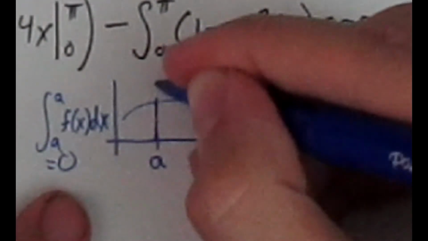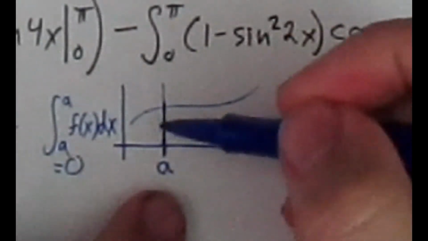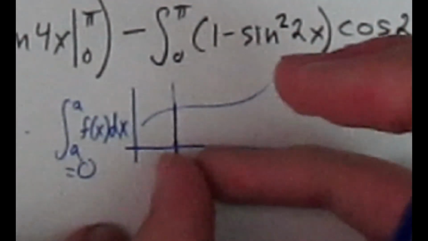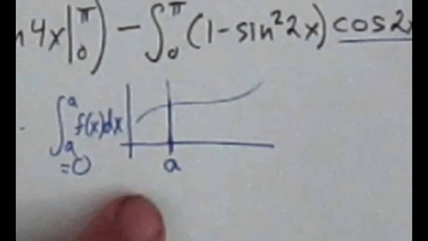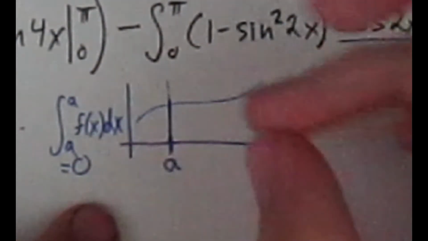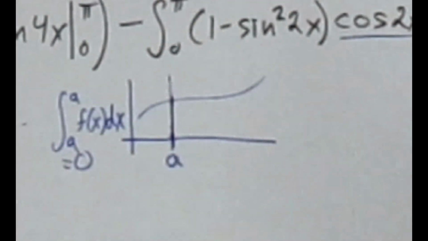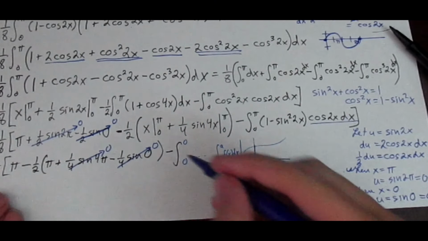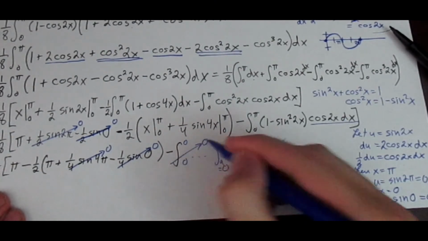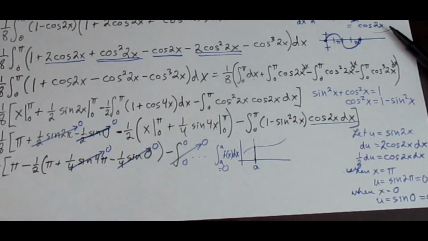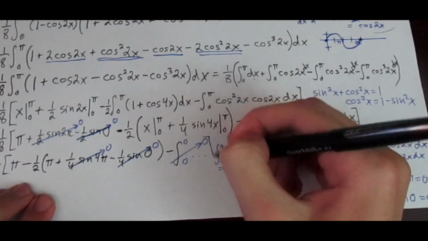You cannot find an area with just a line because it doesn't have a width. To find area, you need a width times the height. You just have height here. So this whole thing goes to 0, and guess what? No, I am not joking.